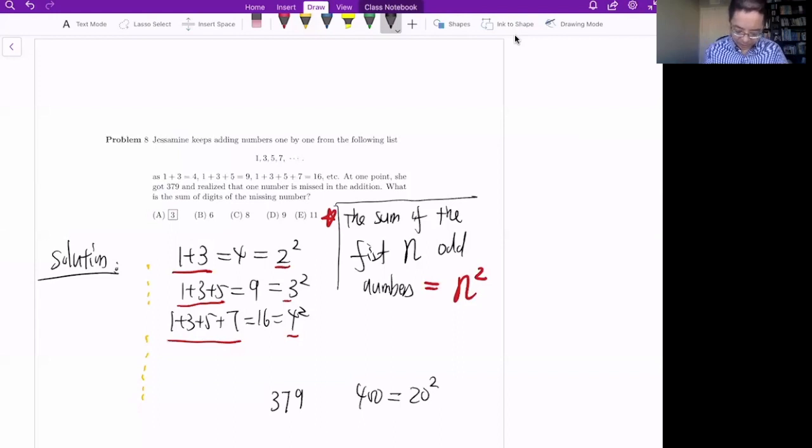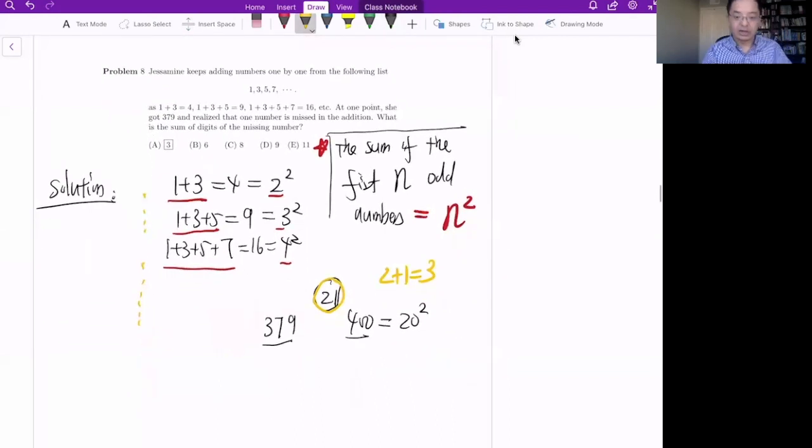So here we have 400. Let's see the difference. The difference is 21, so the missing number is 21. 2 plus 1 is 3. Let's recover the whole picture.